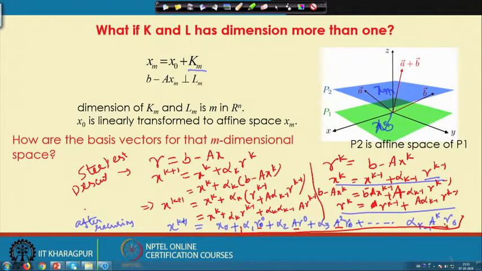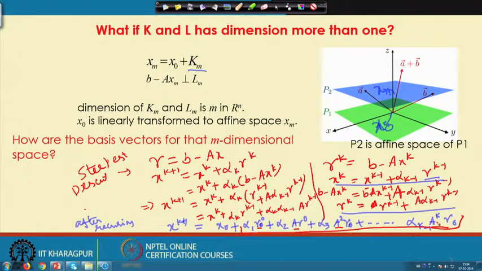So, I am updating it by combining a number of vectors, and if I can find these coefficients alpha 1 to alpha k, and also form a vector subspace with r 0, A r 0, A square up to A k r 0, this is basically one iteration which is required.